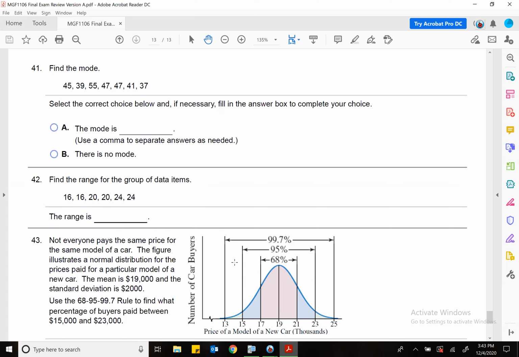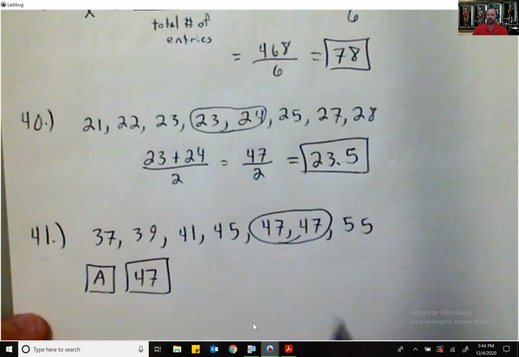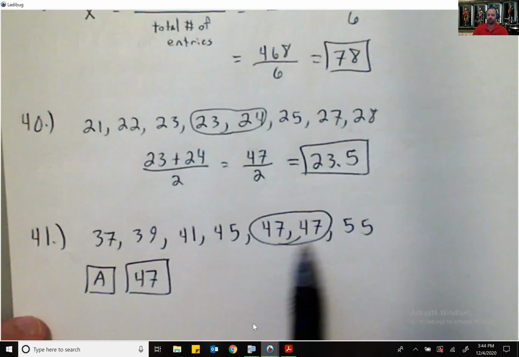The number that happens the most. Mode means most. So what is the number that occurs the most? 47. So you'll select A and you'll put 47 in the blank. Because if you look at all of your numbers in order, 47 occurs the most.